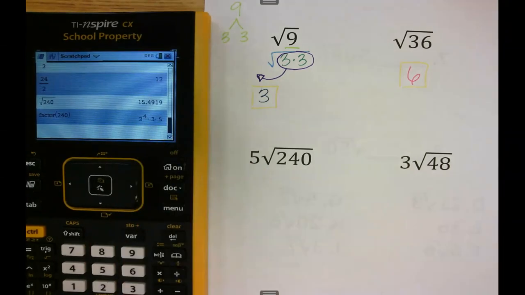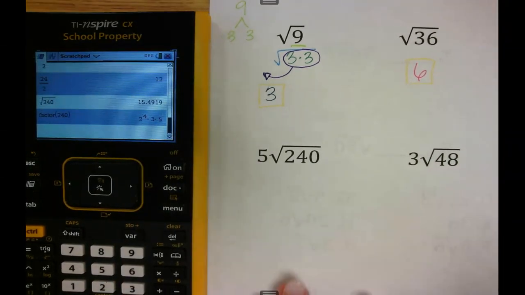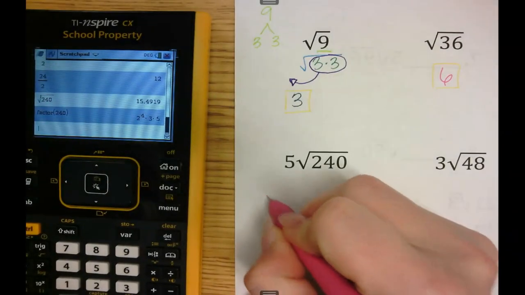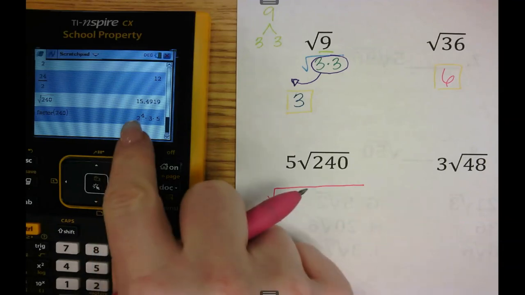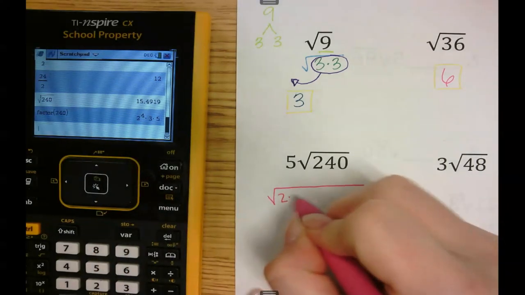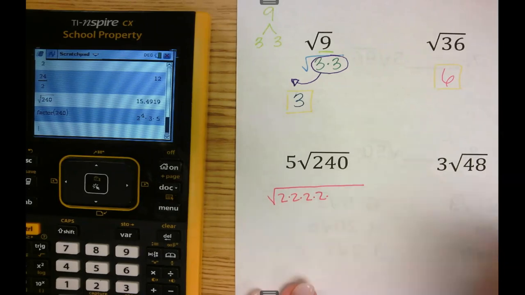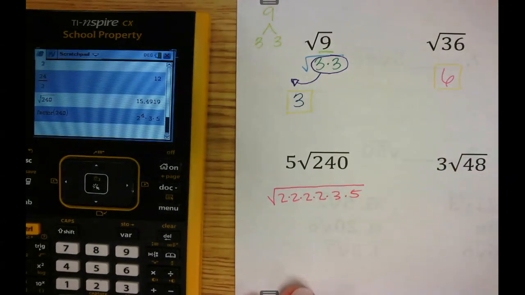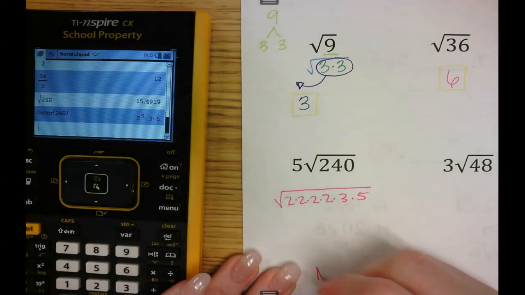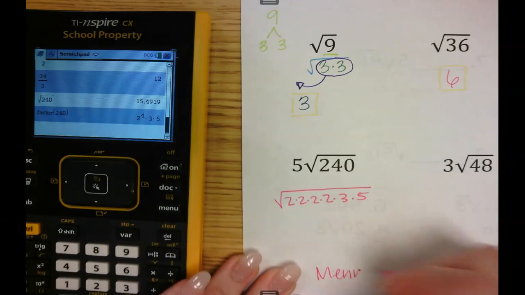These are my prime factors. So what that means is inside my radical sign or inside my house, I've got 4 2s: 2, 2, 2, 2, and then a 3 and then a 5. So that was menu 2, 3.